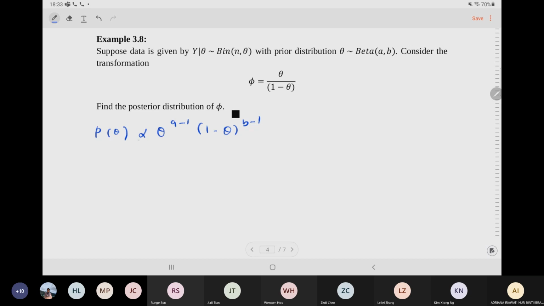Then you have your likelihood, which is a binomial. From our earlier example, we already know this is the kernel of the PMF of a binomial. So this is also the likelihood, which is why it's proportional.